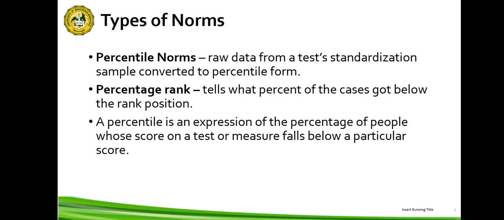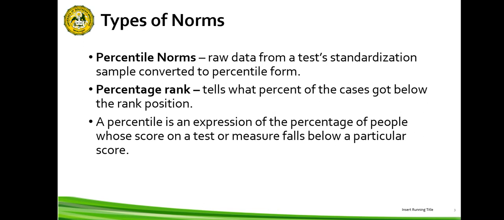And percentile rank tells what percent of the cases got below the rank position. So percentile rank is often expressed as a number between 1 and 99, with 50 being the average. So if a student scored a percentile rank of 87, it would mean that they performed better than 87% of the other students in his norms.